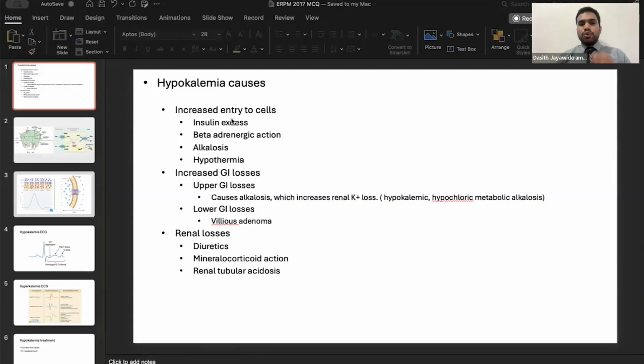What we check for hypokalemia is the potassium ions in our extracellular fluid, mainly in the plasma. So if the ions are driven into the cells by some mechanism, then the potassium ion levels in plasma are going to reduce.